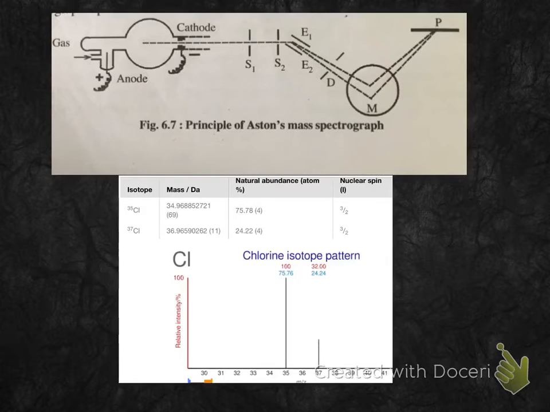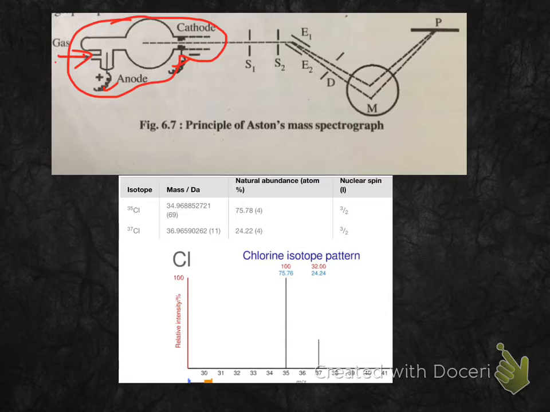This is Aston's mass spectrograph. This is our discharge tube. To this discharge tube we can fill gas through here, and applying high electric potential using anode and cathode, these gases get ionized into positive ions and electrons.